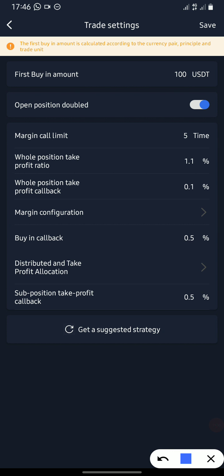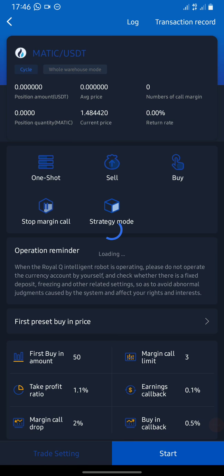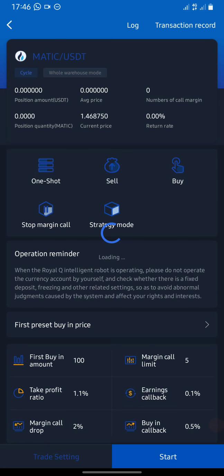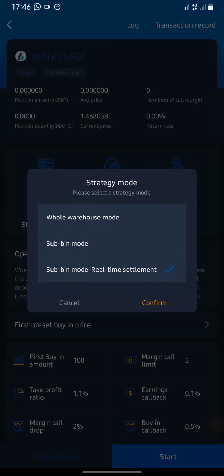It means when you're buying, when you have huge capital, you can be able to use the dip by this system called strategy mode. Then this one you put it in sub-bin real-time settlement here and confirm. Now what does sub-bin mode mean?